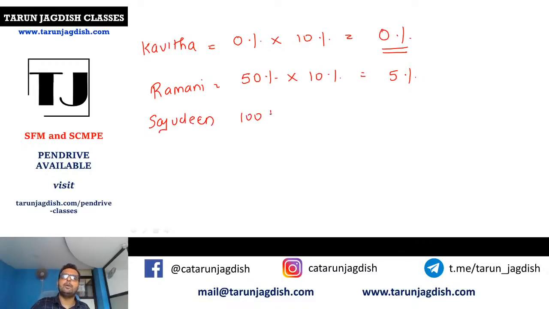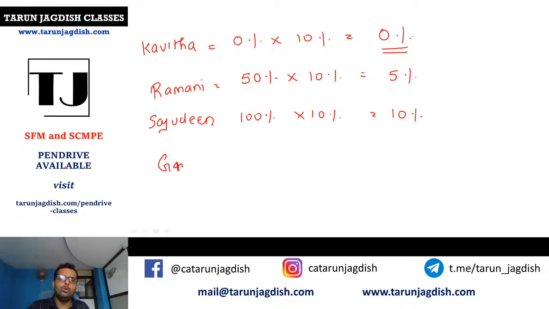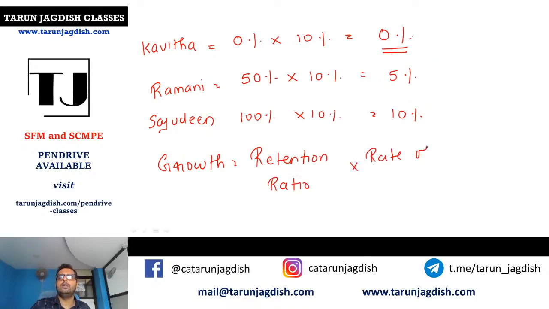He retained 100% of the money into 10%. He will get the answer as 10%. 0, 5, 10. Is this the same answer what you got over here also? Hence proven that growth can be found using the formula retention ratio into what? Rate of return.